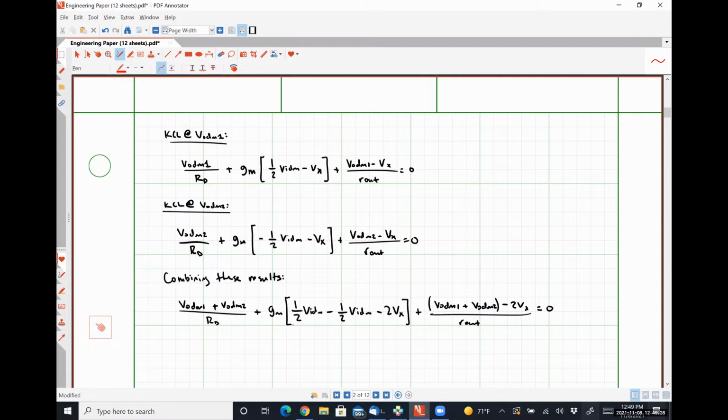And again, we can see that our input differential mode voltage contributions wind up canceling each other out.